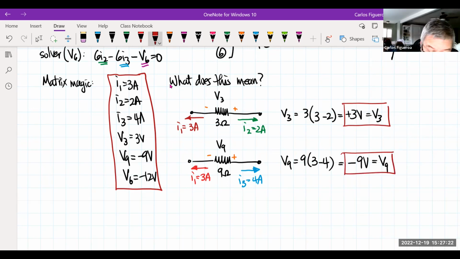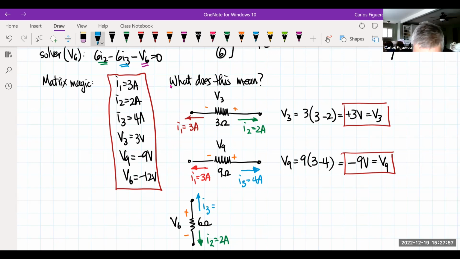And then finally, we have our last resistor, which looks like this. So in this case, we have a 6 ohm resistor, and we said that this was the polarity, which tells us that's the voltage of this guy right here. So now what are the current directions? Well, I have the green current going down. That's I2, which is equal to 2 amps. But then I have the blue current going up, but that one's bigger.